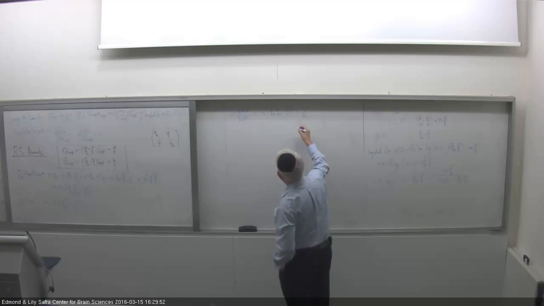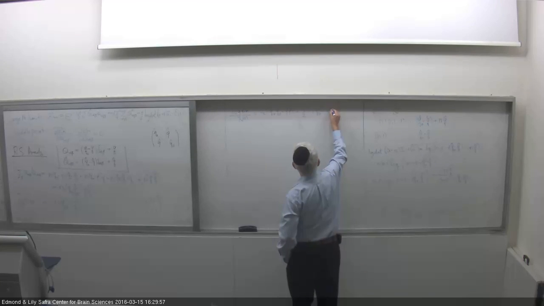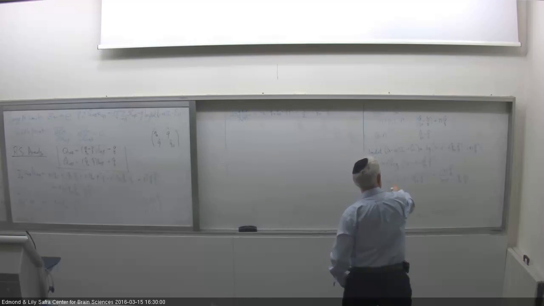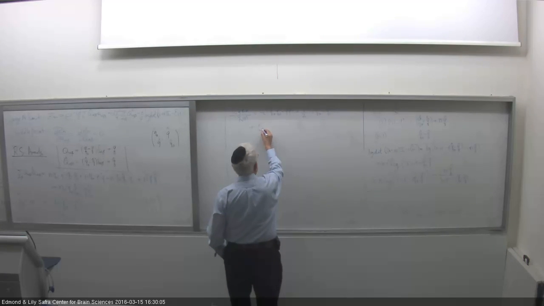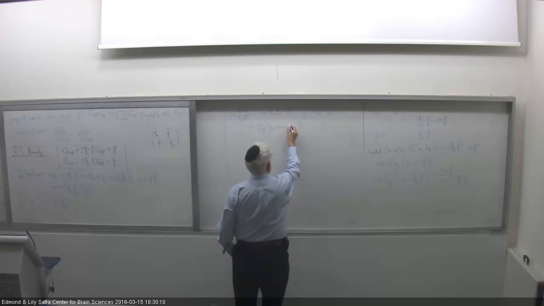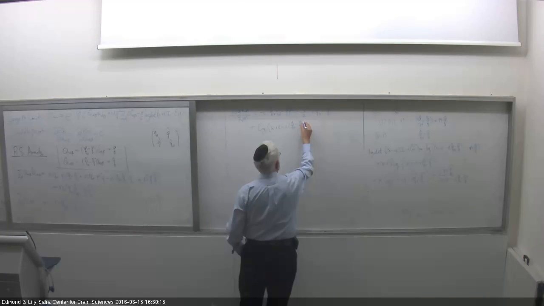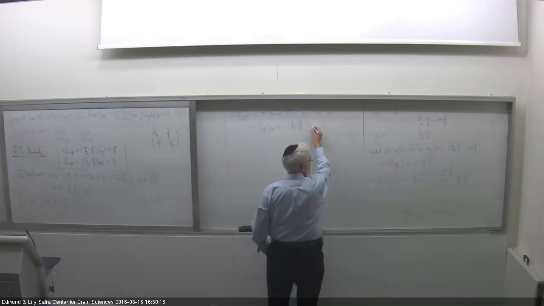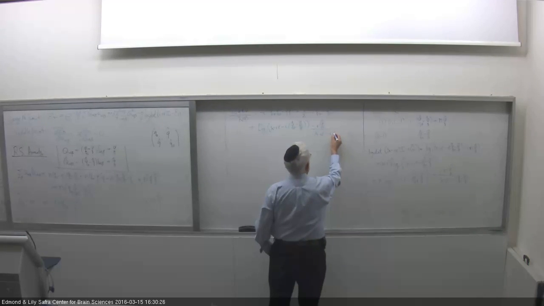Then from the log, I have plus the log of lambda minus I epsilon minus I Q0 hat minus Q hat, and then minus I Q hat divided by lambda minus I epsilon minus I Q0 hat minus Q hat.